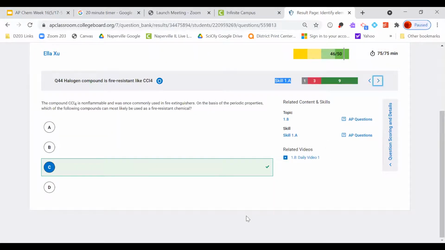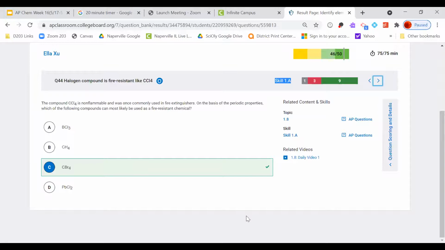Okay, so compound CCl4 is non-flammable, most commonly used in fire extinguishers. On the basis of periodic properties, which of the following compounds can most likely be used as fire-resistant chemicals? So what's your question on this one? Why is it CBr4? Okay, well, what do Br and Cl have in common?